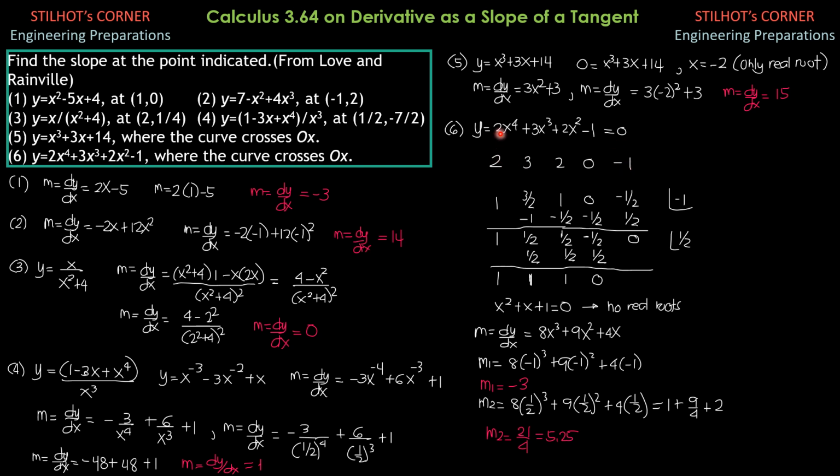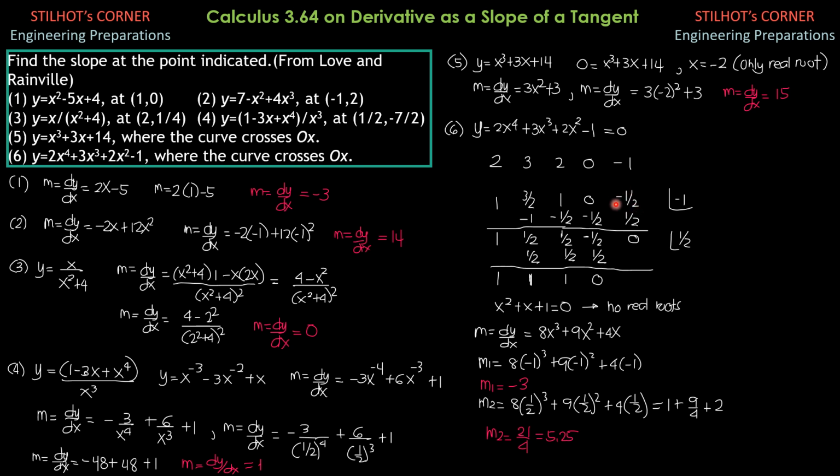First, I'll collect the coefficients of the terms in descending order. So 2, 3, 2, there's no x, so 0, then negative 1. I first divide everything by 2 so that this reduces to 1, 3 halves, 1, 0, then negative 1 half. The possible roots are the factors of negative 1 half.